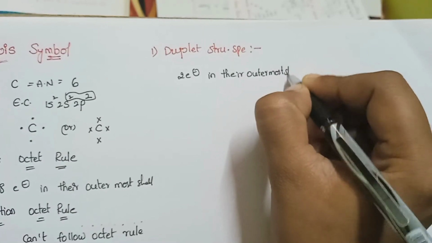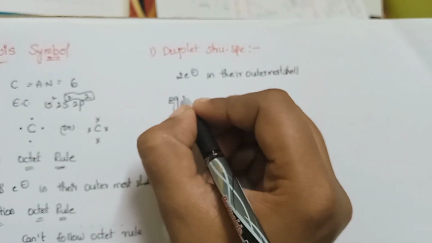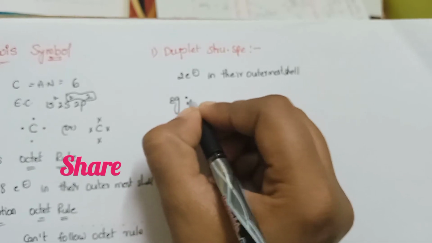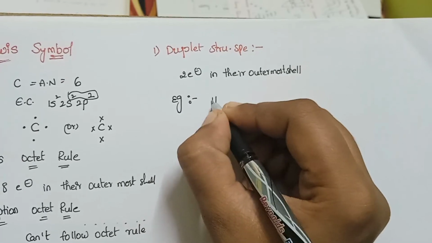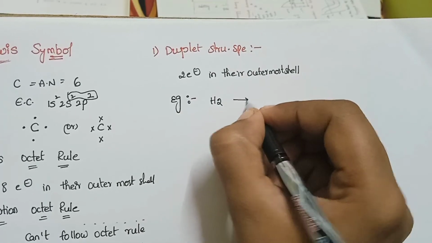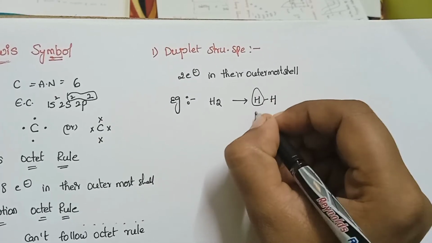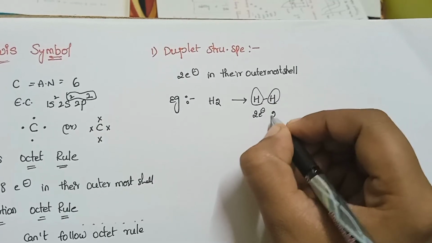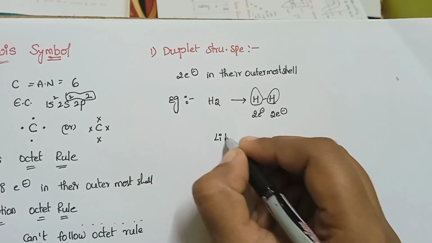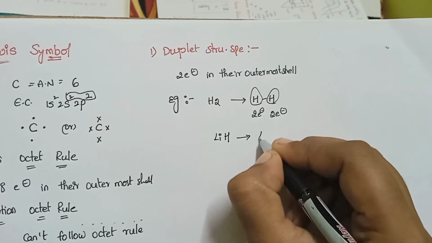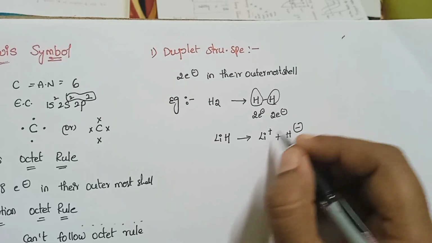For example, hydrogen, H bond H, hydrogen has 2 electrons. So lithium hydride forms Li plus and H minus.